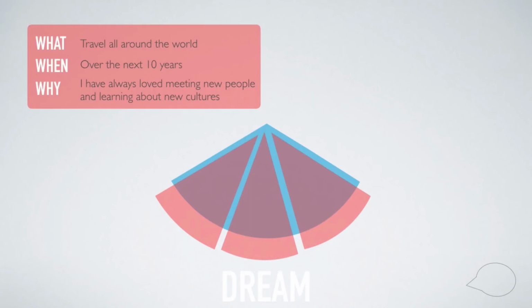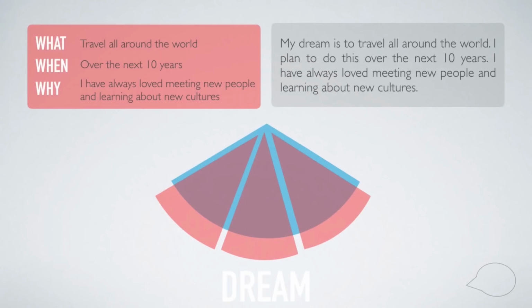Now this is how part 3 would sound. My dream is to travel all around the world. I plan to do this over the next 10 years. I have always loved meeting new people and learning about new cultures. This is also a very clear and concise way of introducing yourself for part 3.